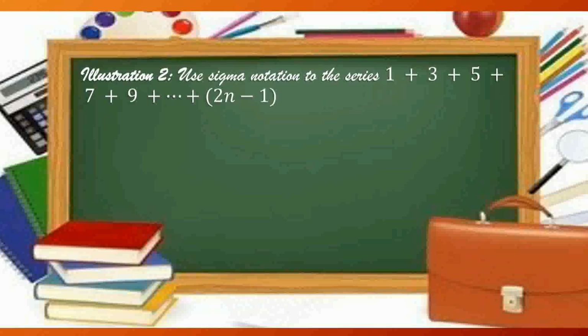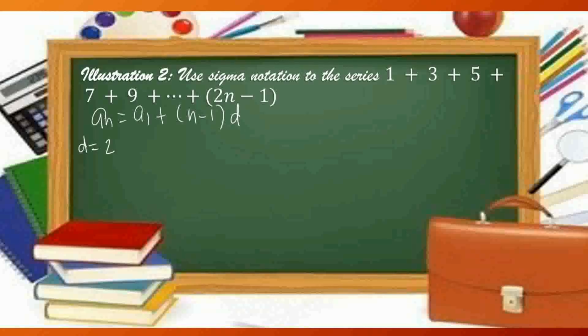For example number 2, use sigma notation to write the series 1 plus 3 plus 5 plus 7 plus 9 up to 2n minus 1. Again, using our formula, a sub n is equal to a sub 1 plus n minus 1 times d. As we observed, there is a common difference which is equal to 2.